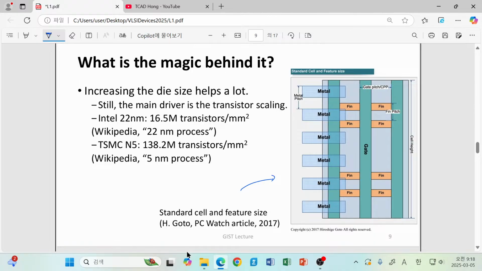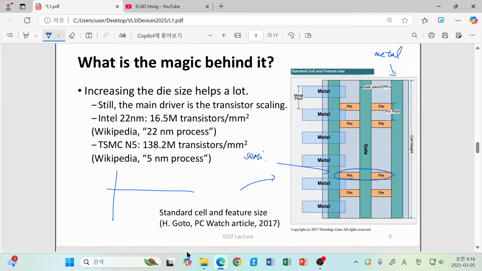You can find two different types of lines, horizontal ones and vertical ones. The horizontal line corresponds to the semiconductor, and the vertical line corresponds to metal.